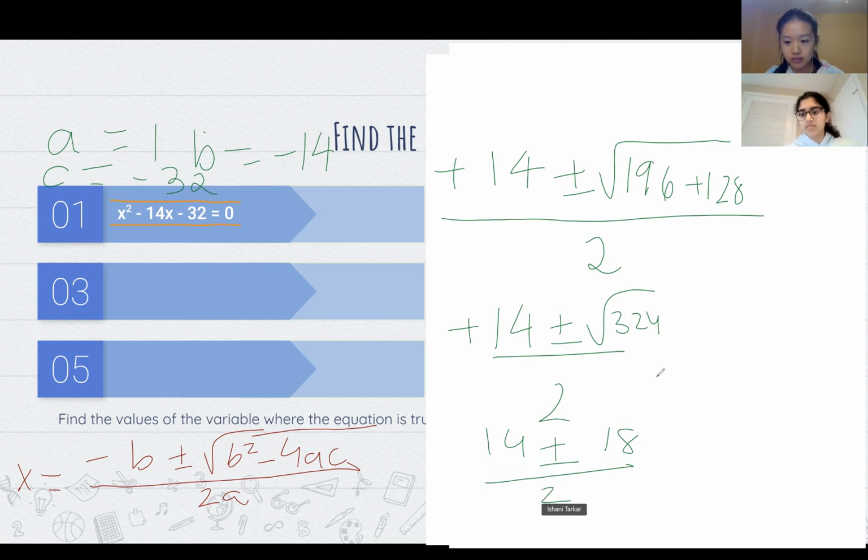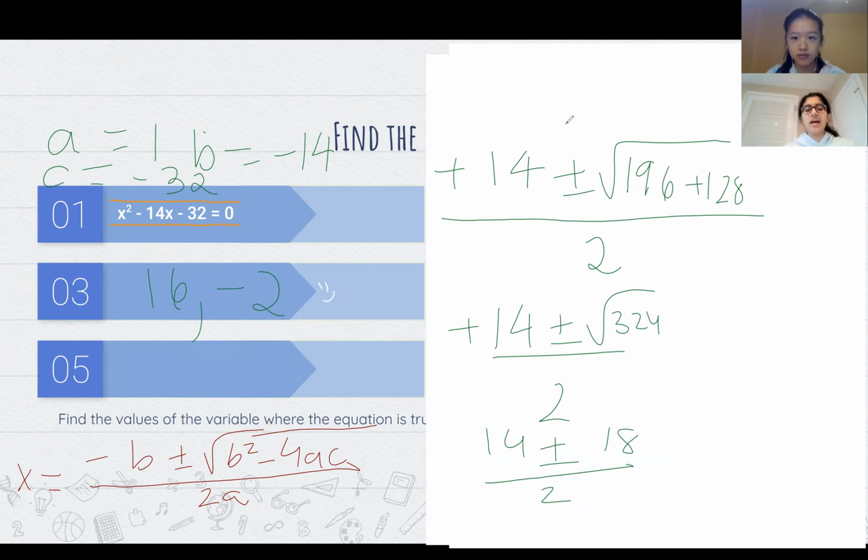Then we can solve it: 14 plus 18 is equal to 32, and 32 divided by 2 is 16. And then 14 minus 18 is -4, and -4 divided by 2 is -2. So our solutions are 16 and -2.